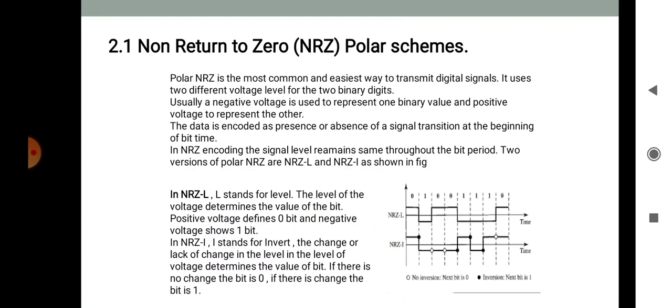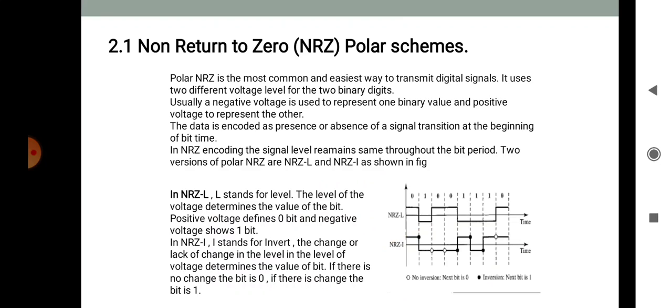Non-return to zero, that means NRZ polar scheme. The polar NRZ is the most common and easiest way to transmit the digital signal. It uses two different voltage levels for the two binary digits. Usually a negative voltage is used to represent one binary value and a positive voltage to represent the other.